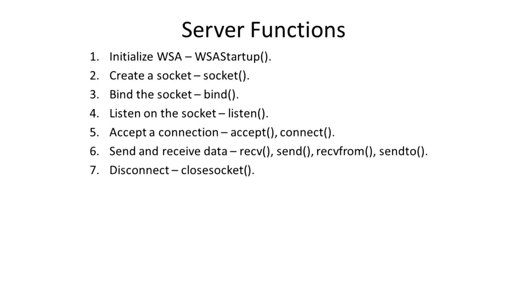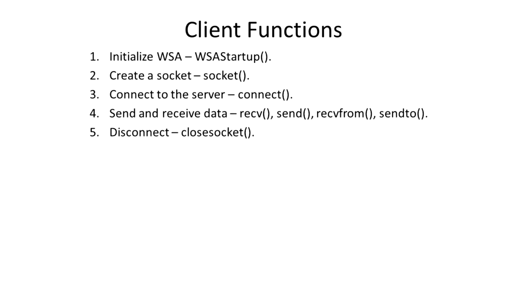If you want a fuller discussion of that, please go back and watch the first lecture on network programming and creating the sockets. But assuming that you've watched that and set up the first 5 steps on the server application and the first 3 steps on the client application, what we're going to do in this lecture is talk about step 6 of the server and step 4 of the client, where we send and receive data.